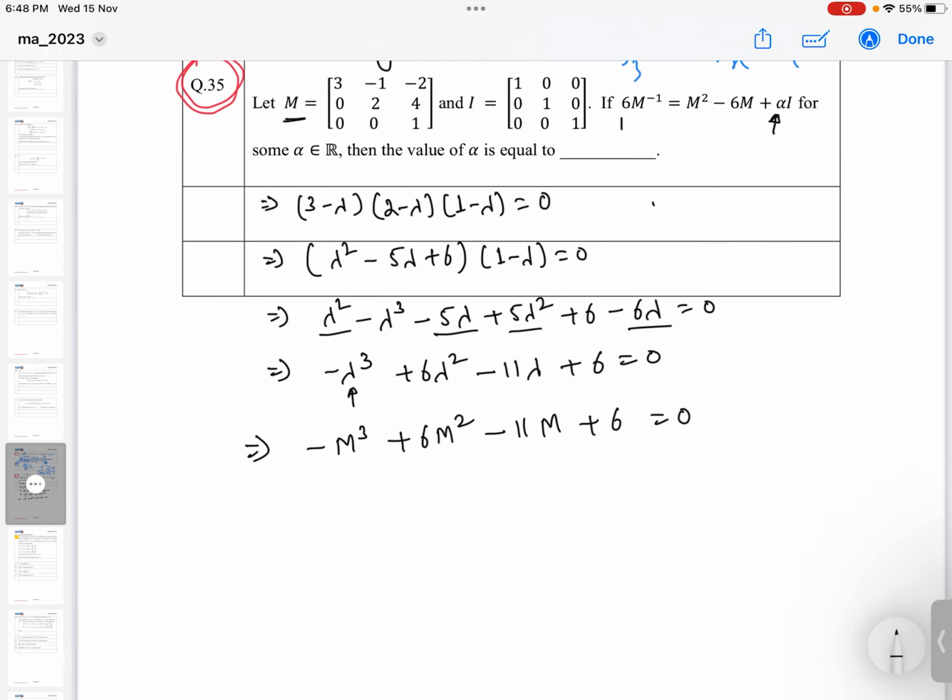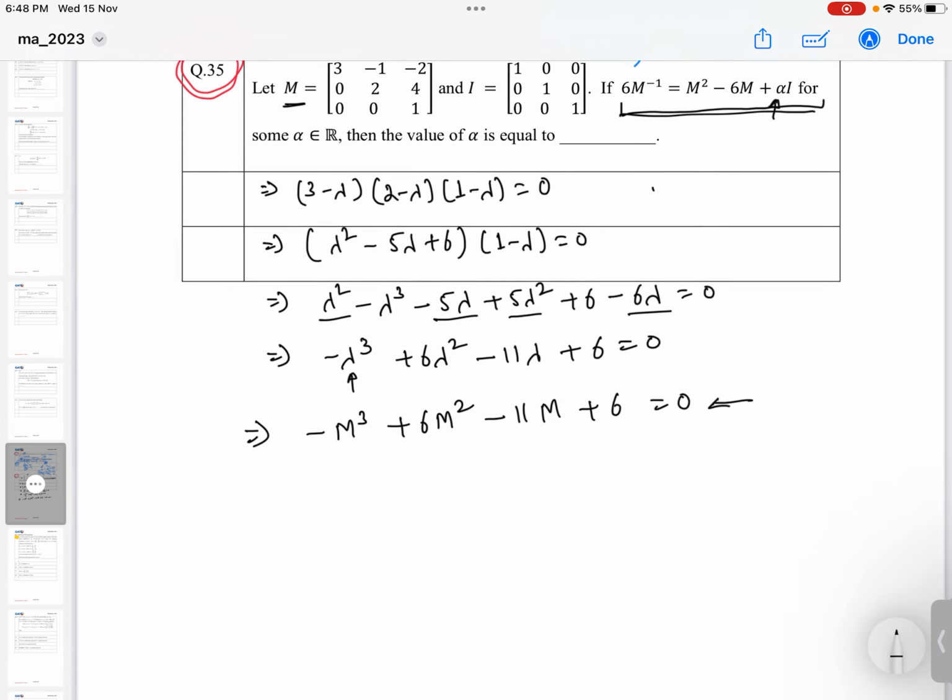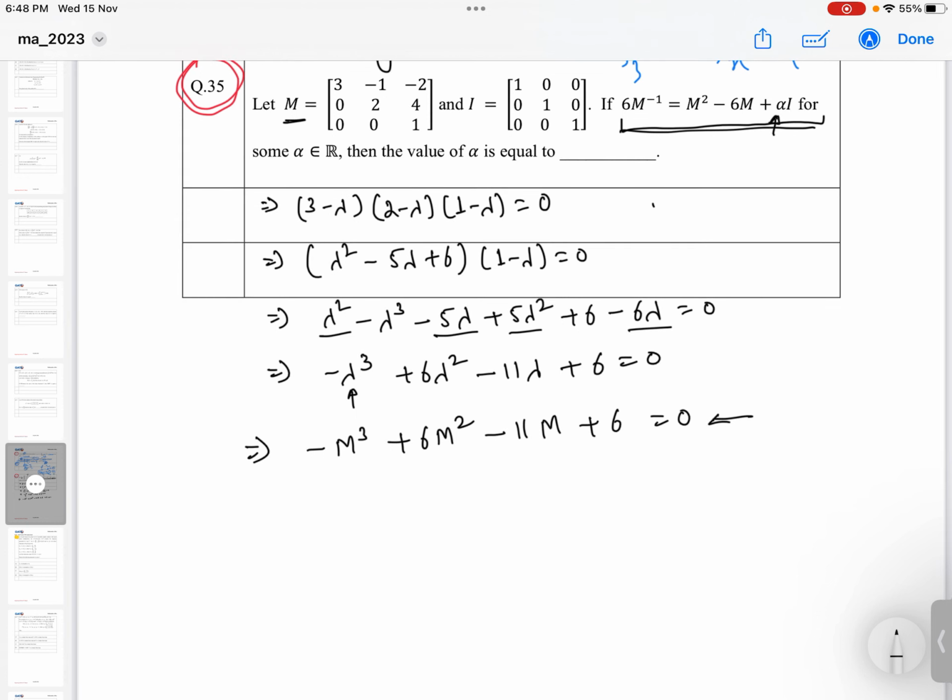Now try to bring this to this form. What we will do is keep this on the left side and bring everything else to the right side. So it will be M cube minus 6M square plus 11M is equal to 6, right?